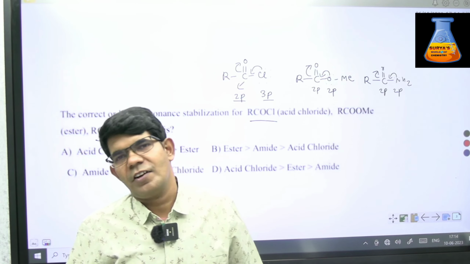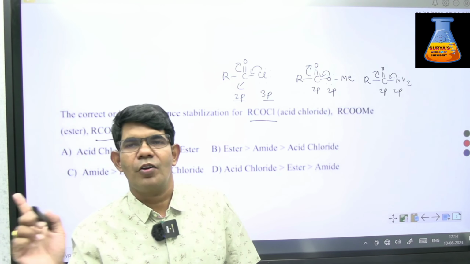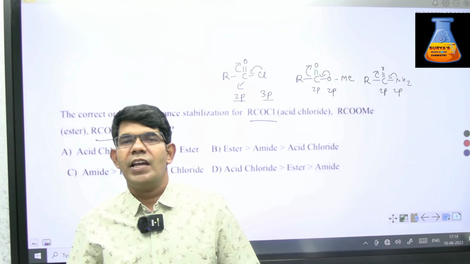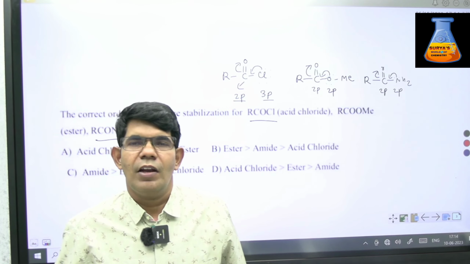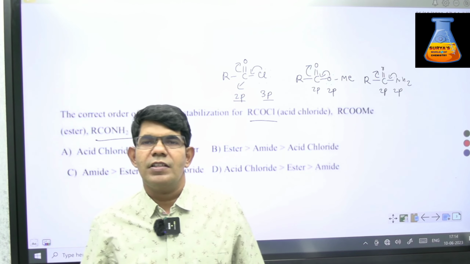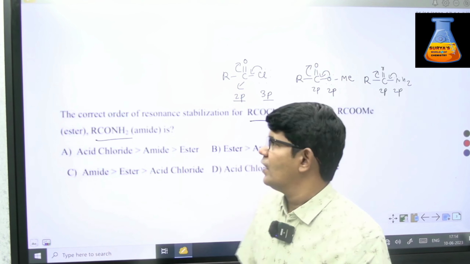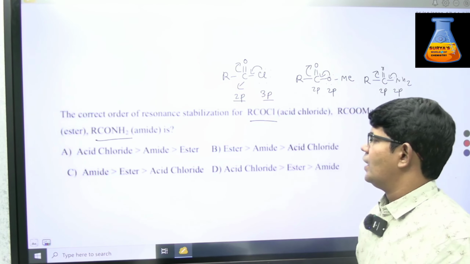What is the relation between nitrogen and oxygen? They are part of the same period. When they are part of the same period, electronegativity predominates. Oxygen, being more electronegative, cannot actively be involved in resonance like nitrogen. In that case, amide will be the best, followed by ester, followed by acid chloride.